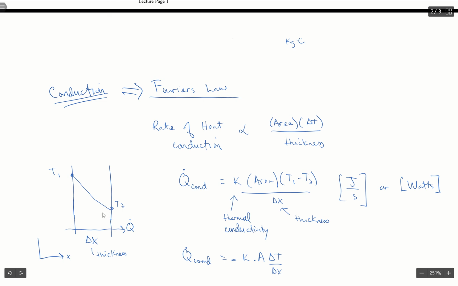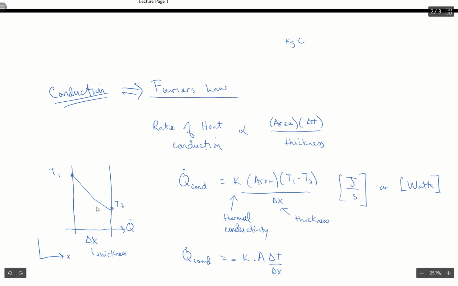A temperature gradient drives heat transfer. We live in a universe where energy or heat goes from hot to cold. The more energetic hot particles transfer energy to the cooler, lower energetic particles, driven by this temperature gradient.